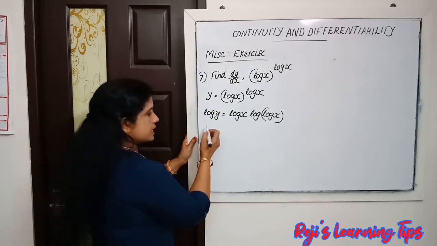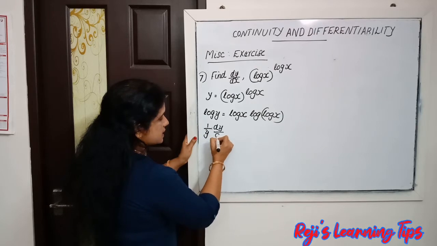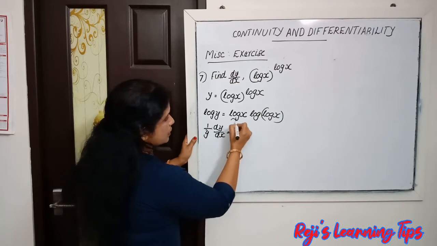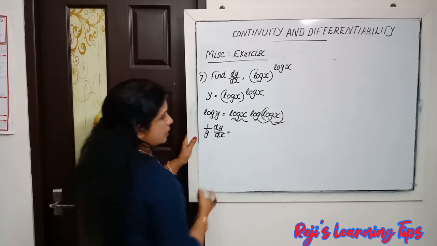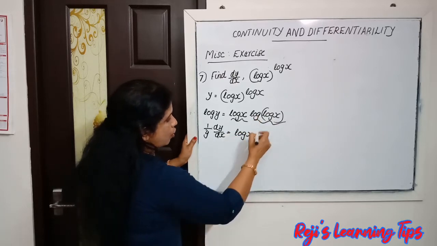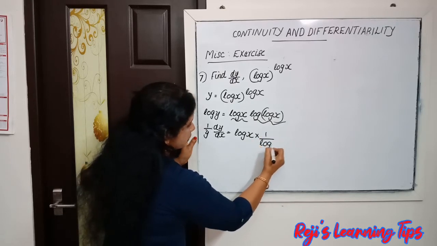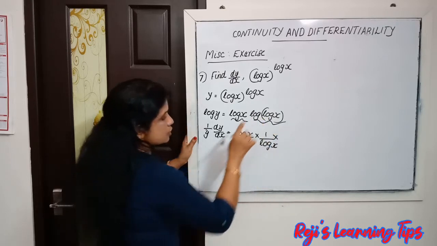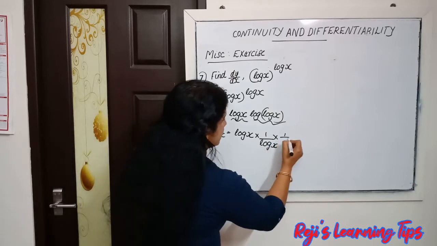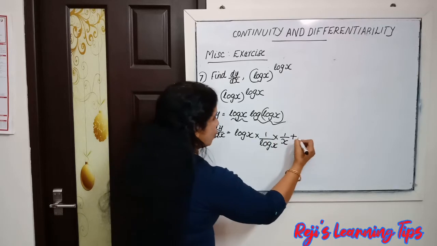The derivative of log y is 1 by y into dy by dx. That is equal to, we should take the product rule.